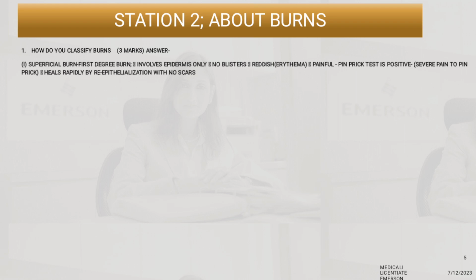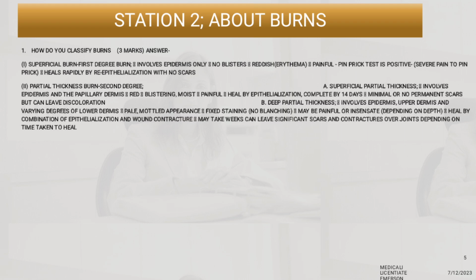And then we have the second degree burns, which are now known as partial thickness burns. In partial thickness burns, we can have two, A and B. A is superficial partial thickness, and B is deep partial thickness.